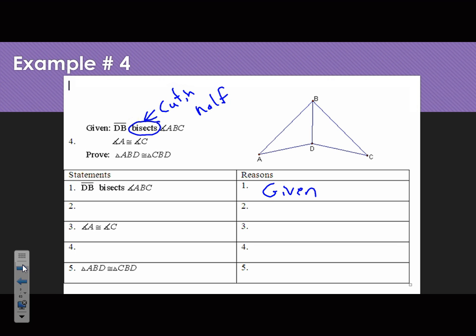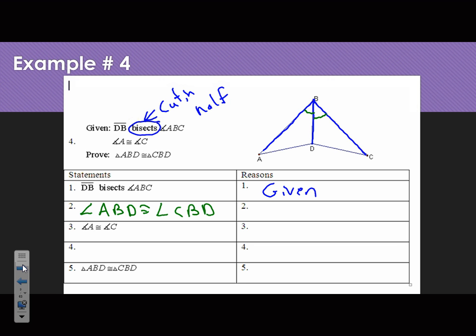Now when we're talking about bisect, this cuts an angle in half. So if we know it cuts that in half, we know that this part of the angle is going to be congruent to that part of the angle. So our next statement is going to be angle ABD is congruent to angle CBD.